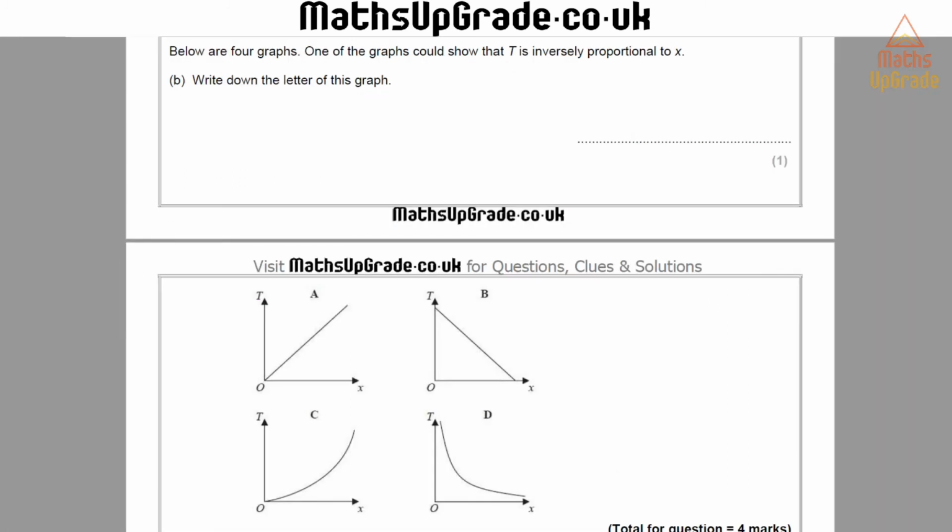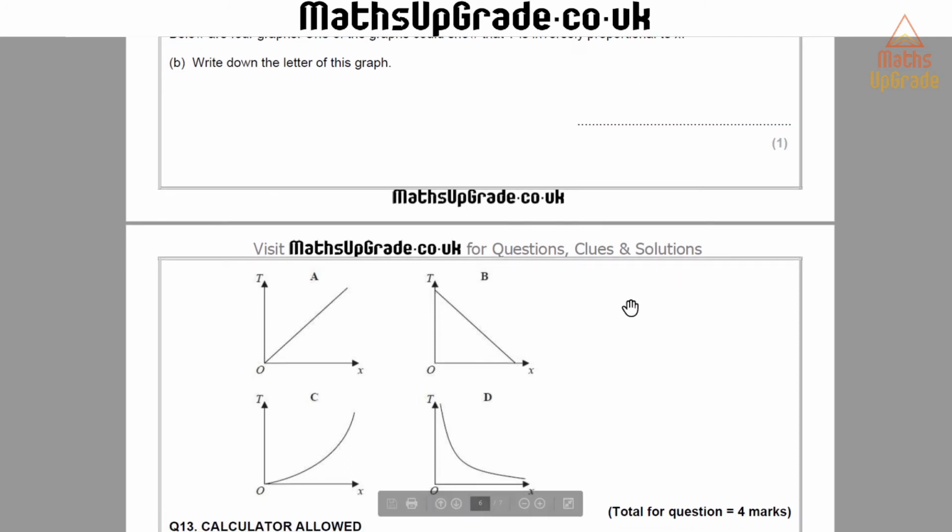For the last mark in this question, I'm asked to identify which graph could show that t is inversely proportional to x. So on these graphs here, first of all, this graph here is a linear graph and it shows that t equals kx. This one is also a linear graph with a negative gradient, so t will be kx, but where k is negative. This one is in the shape of a quadratic, so it would be typically t equals kx squared.